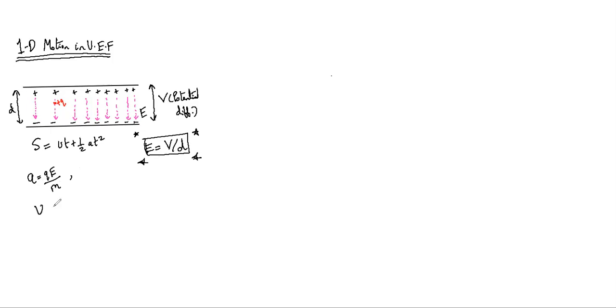v equals u plus at, s equals ut plus half at square, v square equals u square plus 2as, and then substituting, v square equals u square plus 2 into qE by m into s.